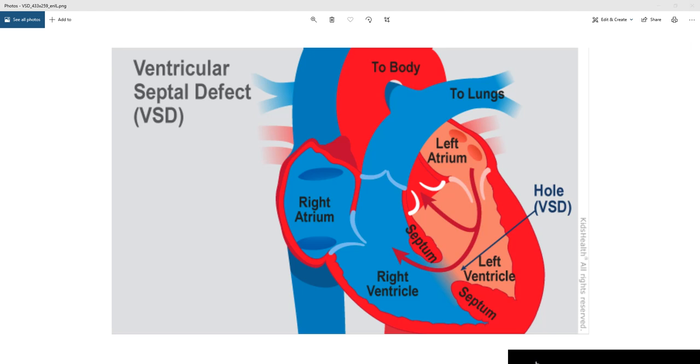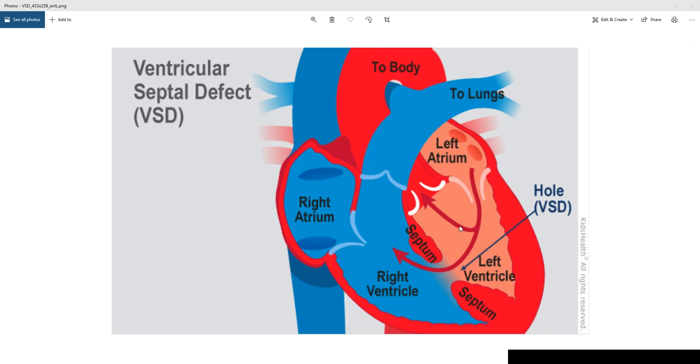It is congenital. The defect occurs in the wall, or septum, that separates the heart's lower chambers, the ventricles, and allows the blood to pass from the left to the right side of the heart.